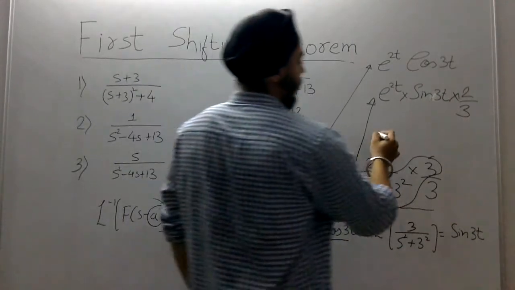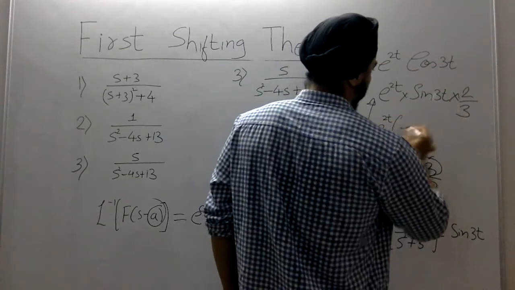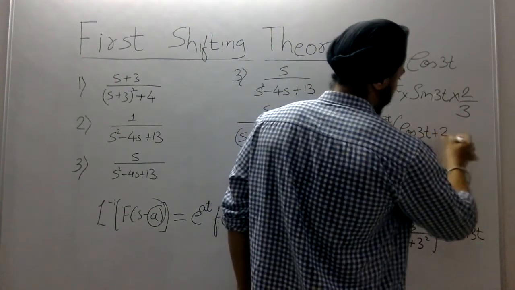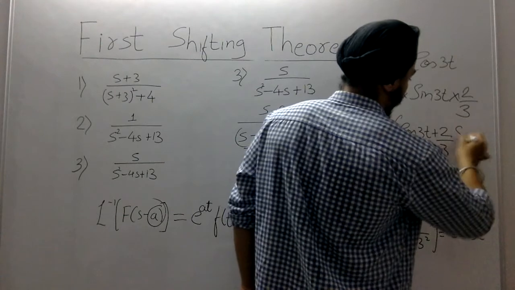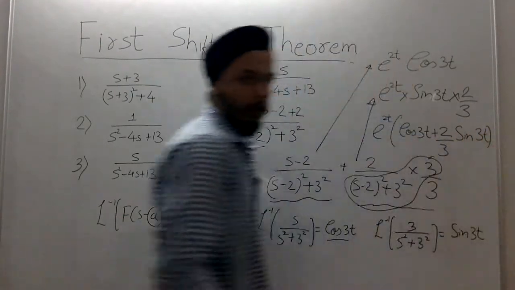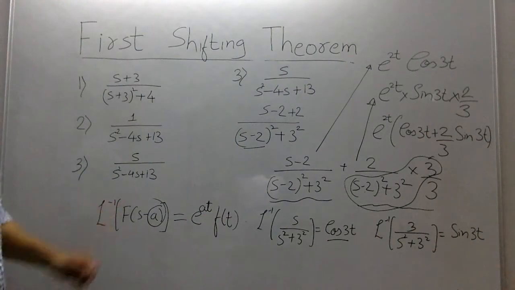Hence our answer is e to the power 2t times cos 3t plus 2 over 3 sine 3t. This is the answer of the third equation.